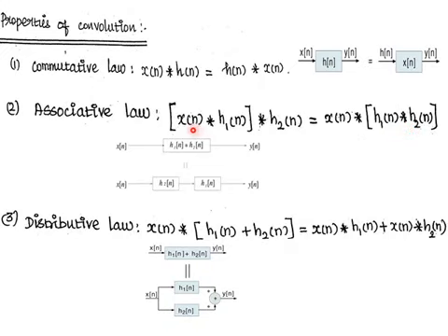So here the grouping is different, whereas the result will be the same. The third property is called distributive property, in which x of n convoluted with h1 of n plus h2 of n will be equal to x of n convoluted with h1 of n plus x of n convoluted with h2 of n.